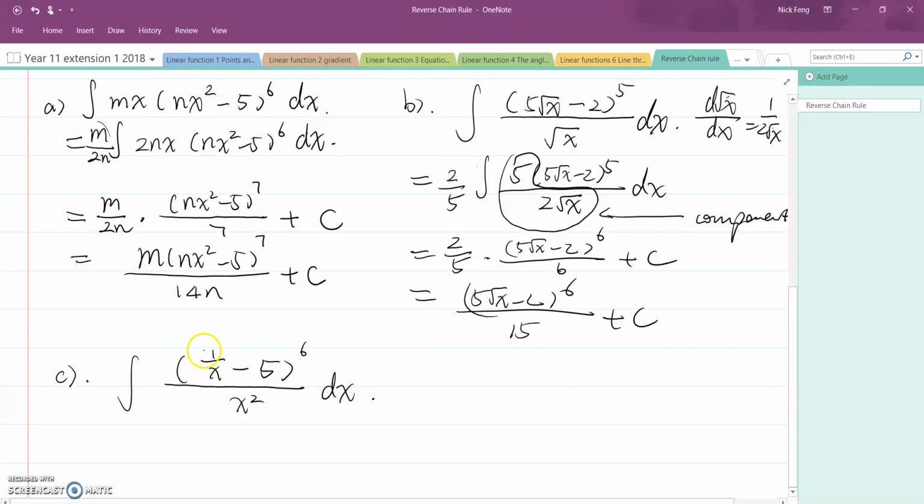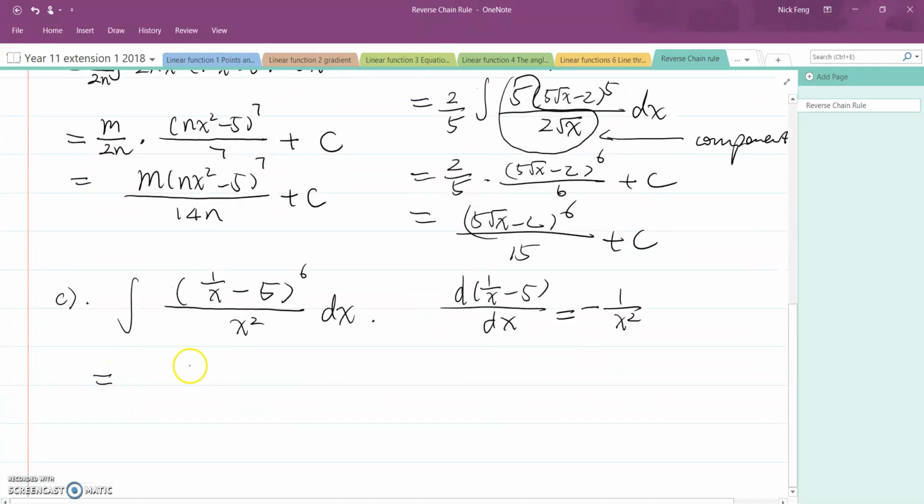So obviously this is the target function. So how does this relate to being a component? Because if I differentiate this, it is x to the power of negative 1, bring negative 1 down, and then x to the power of 2 at the bottom. So therefore, that's kind of the component, but you don't have the negative. Therefore, we need to manipulate.